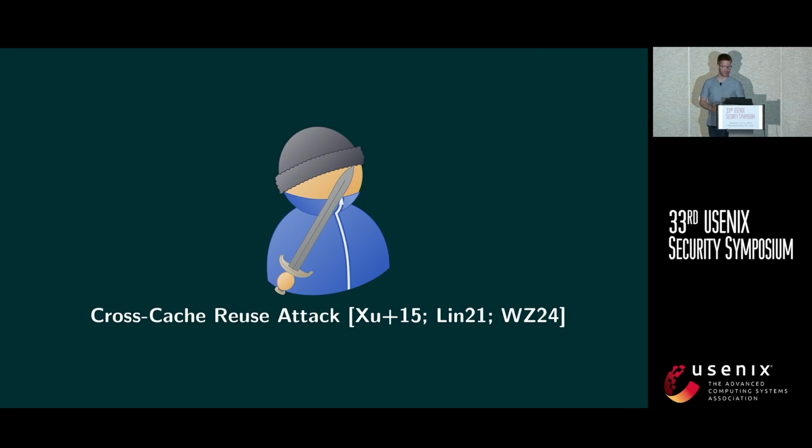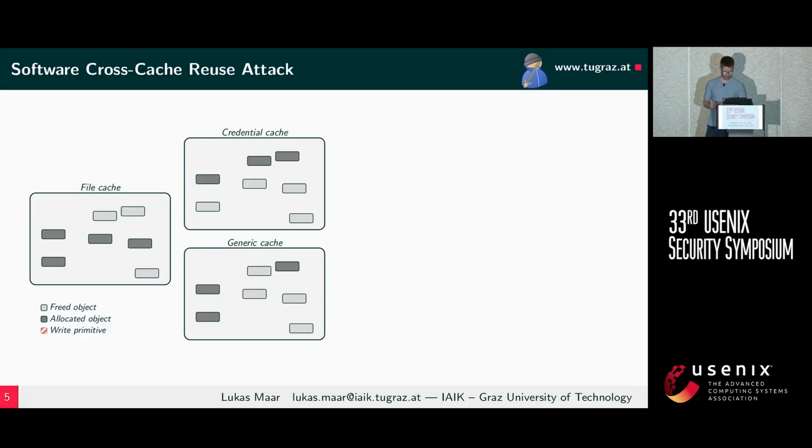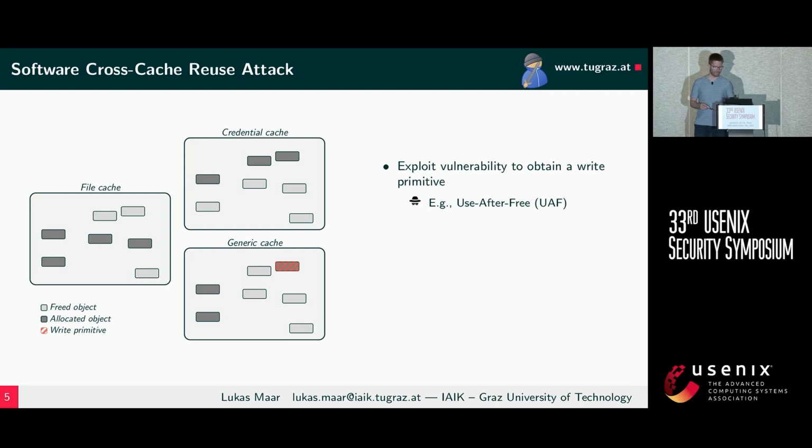However, security researchers have proposed a way to circumvent this separation, and it's called cross-cache reuse attacks. For a cross-cache reuse attack, an attacker exploits a vulnerability to obtain some kind of write primitive, for example, by exploiting a use-after-free. Then the attacker frees all the generic objects within the memory chunk of the generic cache.